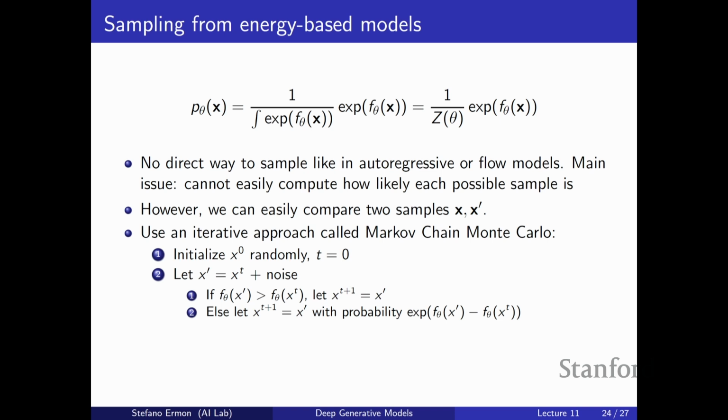But if x prime, this proposed transformed sample that we get by adding noise, actually has lower probability than what we started from, we occasionally take these downhill moves with probability proportional to this quantity. So basically proportional to how much worse this new sample we're proposing is compared to where we started from.